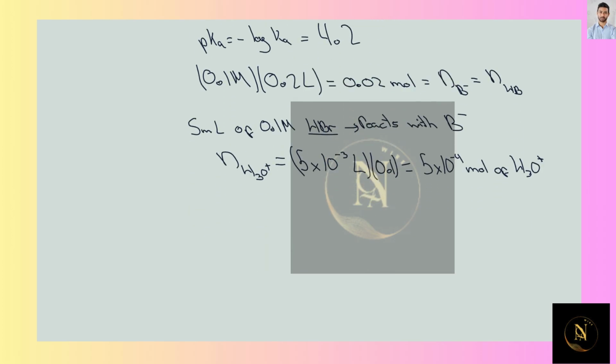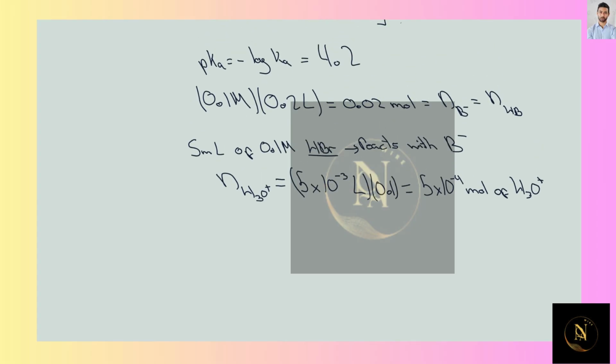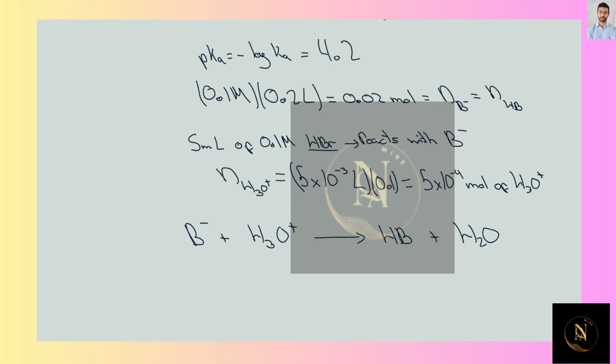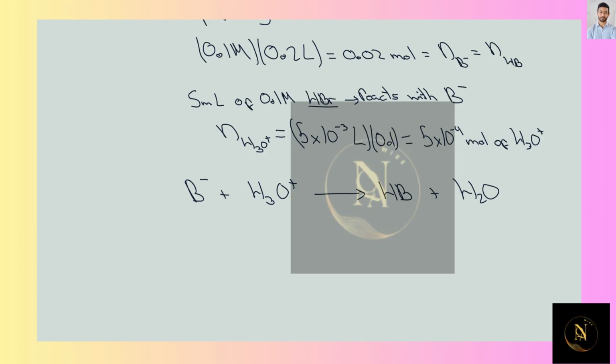So with this information, we can look at the reaction of benzoate plus H3O plus in order to generate benzoic acid plus water. For this, we need to look at our always reliable ICE table, and in this case, the ICE table is going to be written in moles.